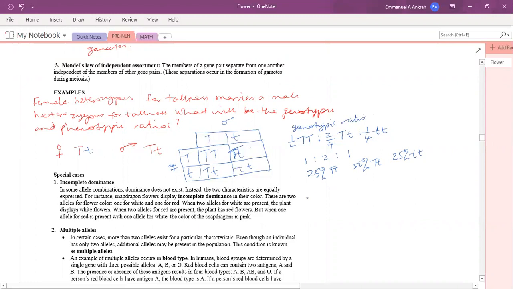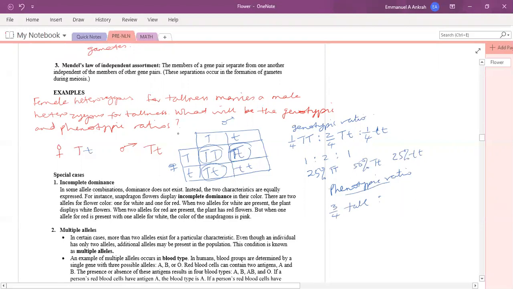Okay. Now, what would you see on the outside? The phenotype. Phenotypic ratio. Okay. What am I going to see on the outside? So on the outside, when I go here, this person is going to be tall, because tallness is dominant. This is another tall person, because uppercase is dominant. And this is another tall person, uppercase dominant. So 3 tall out of 4 possibilities. So 3 out of 4 will be tall.